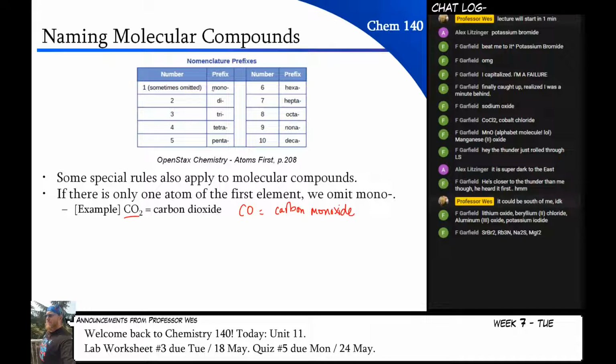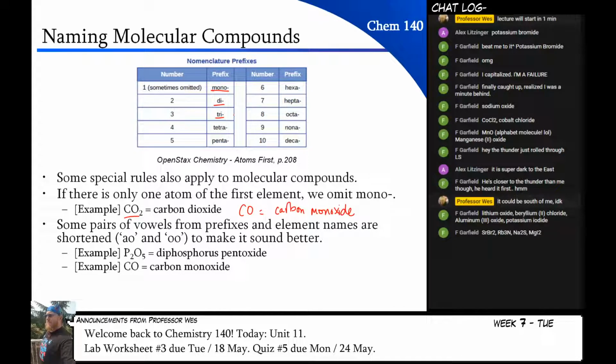Now, these are prefixes, so you just attach them to the very front of the word, but on occasion you get combinations of letters that sound dumb and require you to make a second syllable. So, for example, with monooxide, if I was putting mono and then oxide, I would have to say monooxide, which we've apparently decided as a chemistry society is a little bit ridiculous.